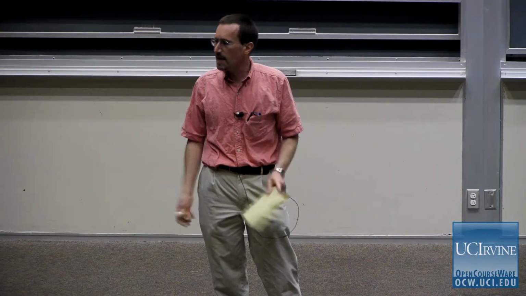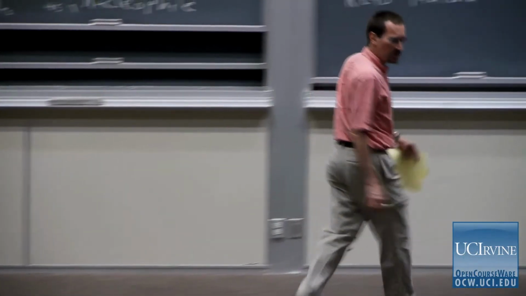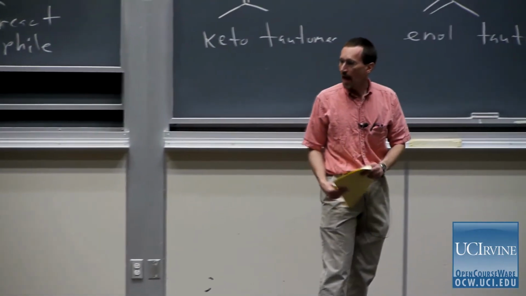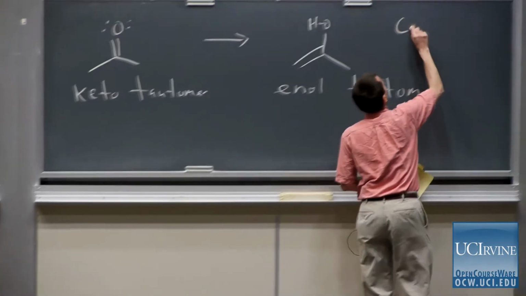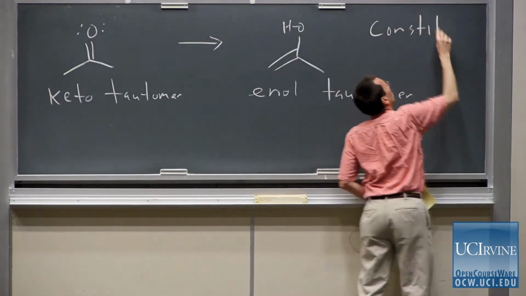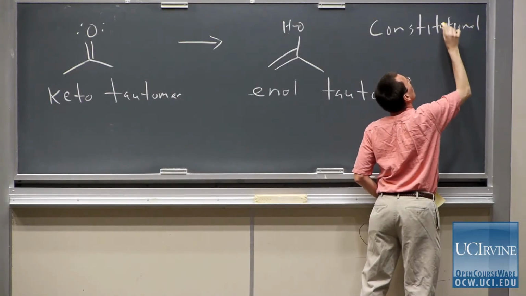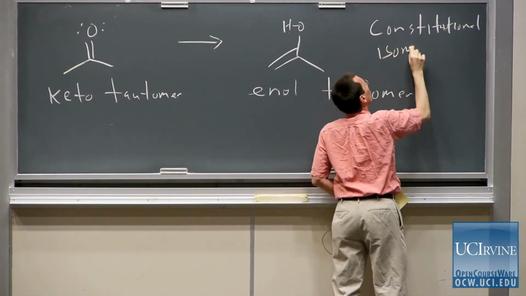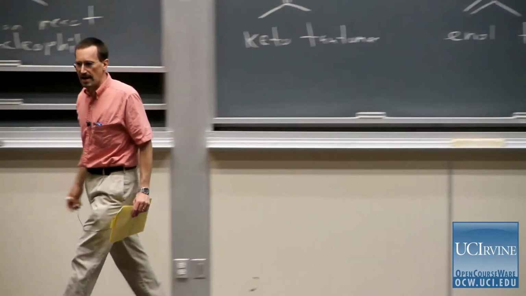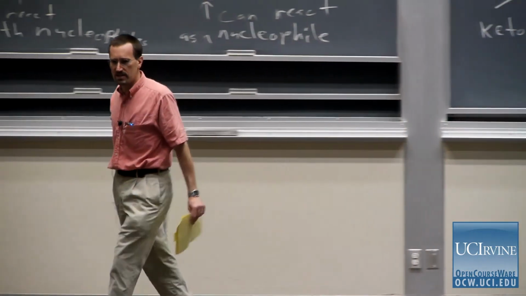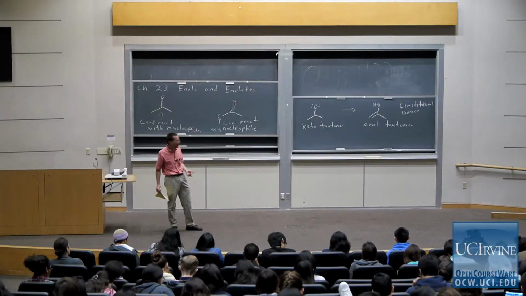Tautomers are a type of constitutional isomer. Remember, we've learned about stereoisomers, and then we've learned about constitutional isomers. And by constitutional isomer, I mean we have a different connectivity. Stereoisomers have the same connectivity.